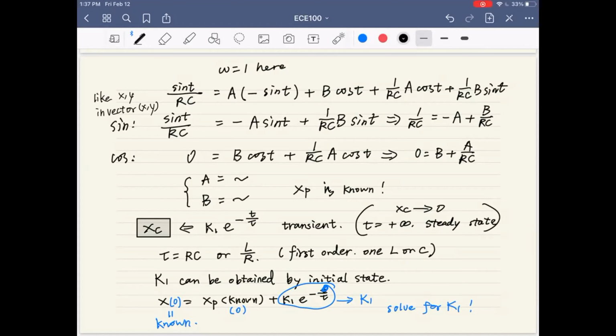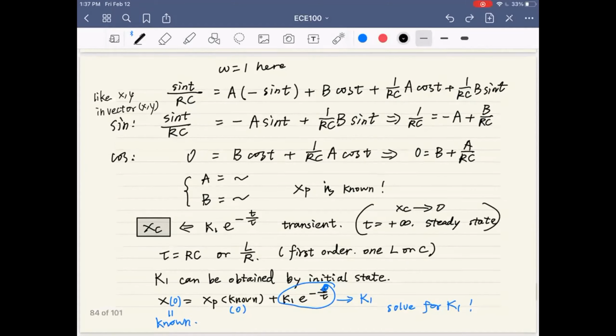For example, here, if we try to solve it using the differential equation techniques step by step, we give xc the form K1 times e to the minus t over tau. Here K1 is unknown, but tau is known. And we solve K1 by using the initial state.